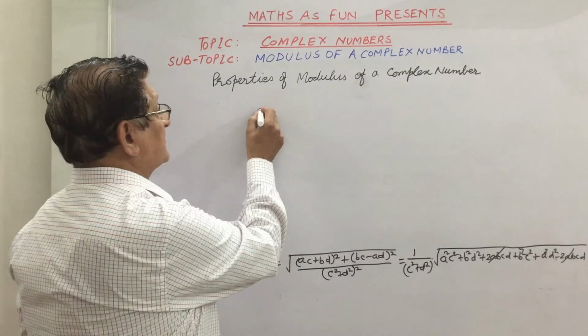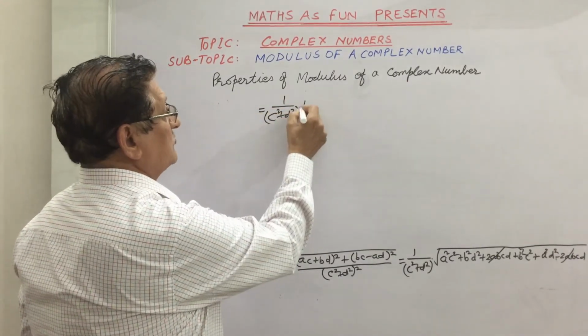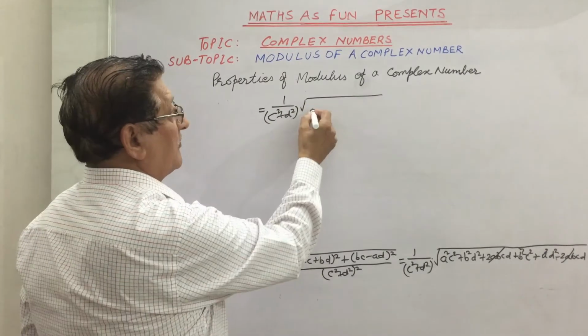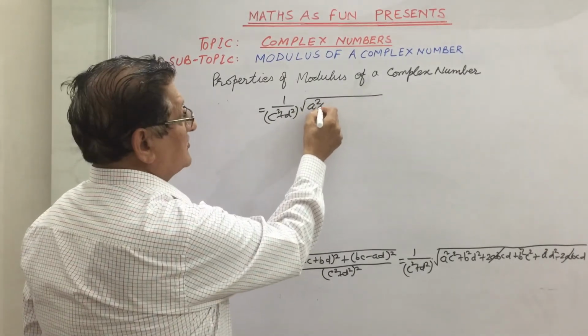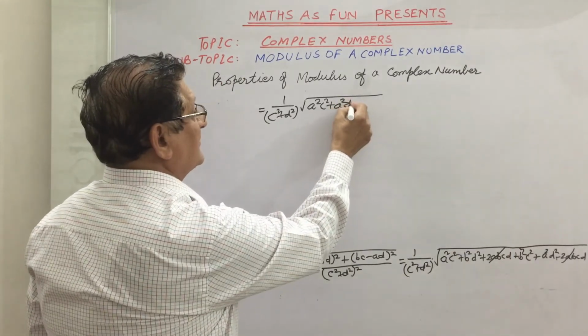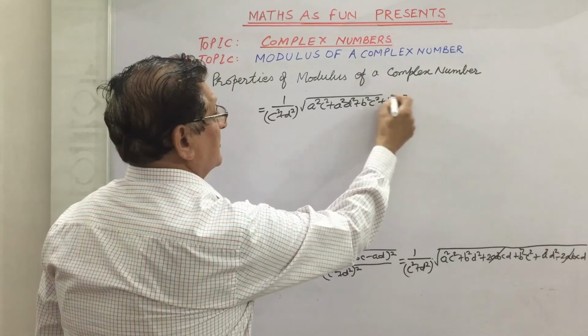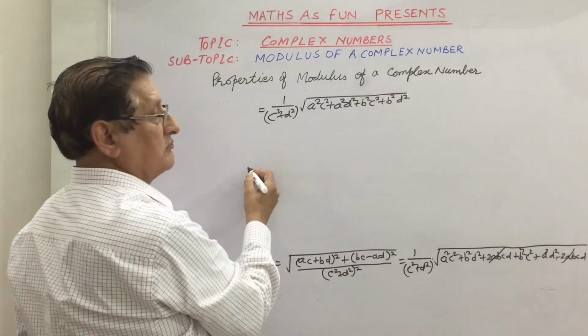If we simplify this further, this will be 1 upon (c square plus d square) into root of a square c square plus a square d square plus b square c square plus b square d square. We can arrange them.